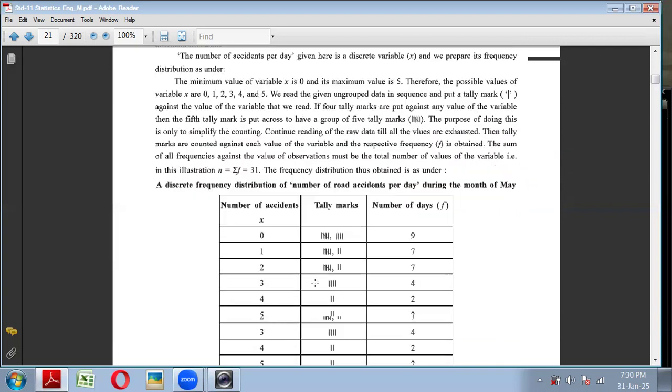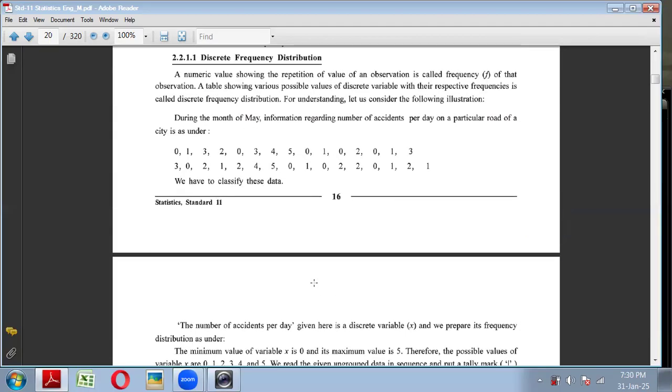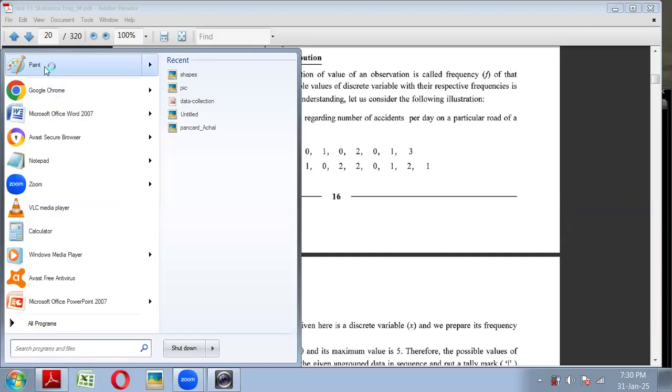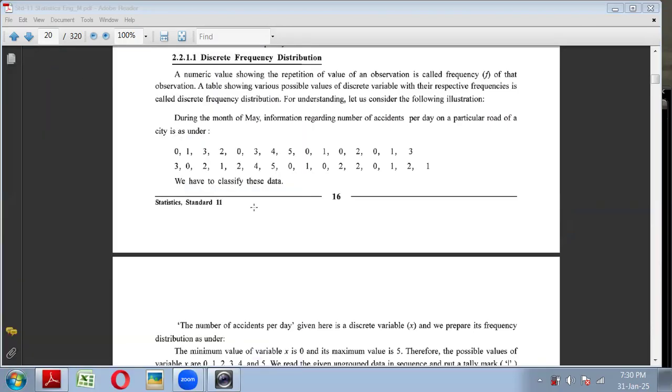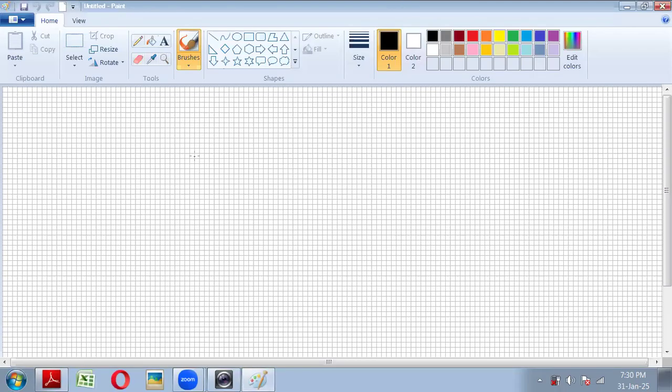So first of all, let's start with the sum. So here we will give a heading.